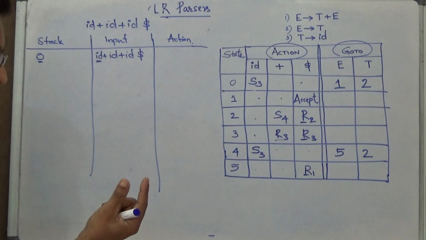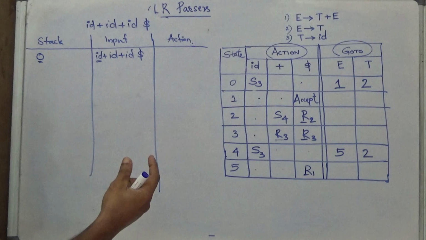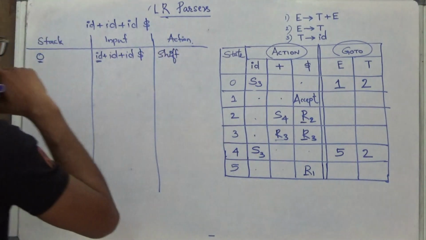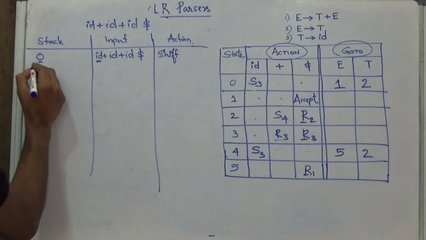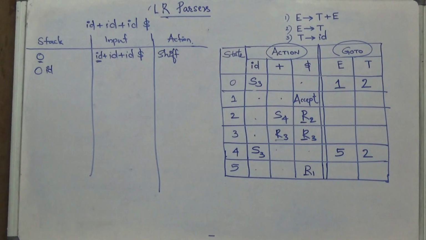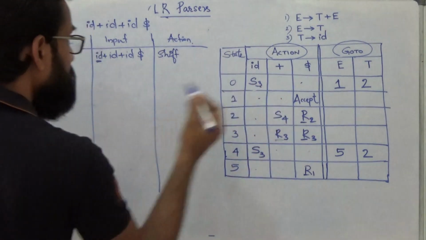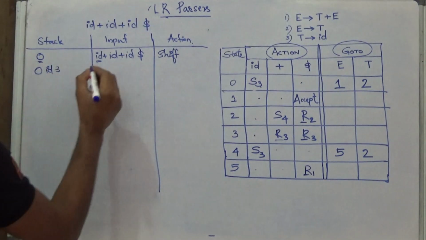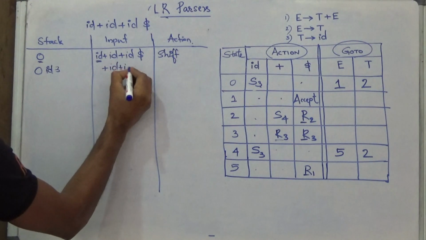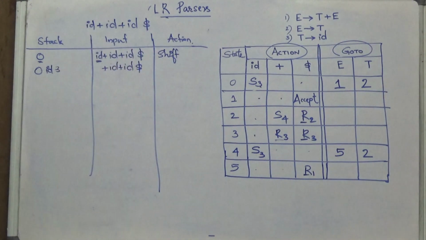S3 stands for a shift operation. The action performed is shift. So the current symbol id will be pushed into the stack, followed by shifting the state. State is 3, so 3 will be shifted. The remaining string to be consumed is plus id dollar.